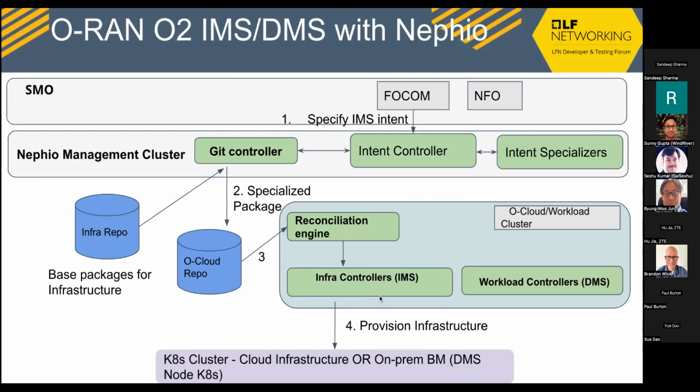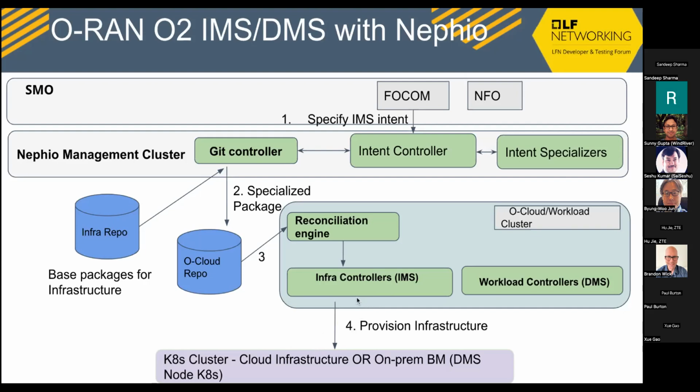And as I said, in the northbound it will expose a standard interface, but southbound it could trigger the AWS ACK custom resources that are already present today, and they will create the Kubernetes cluster.